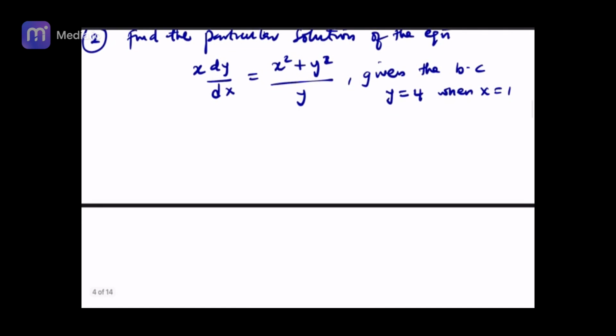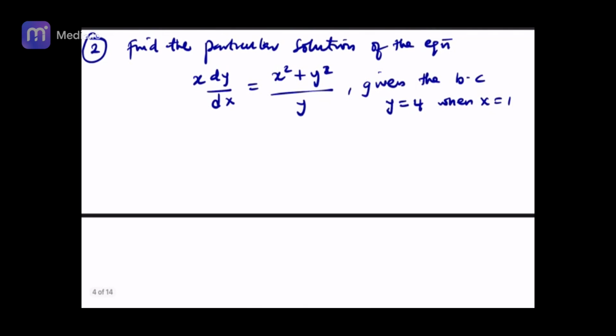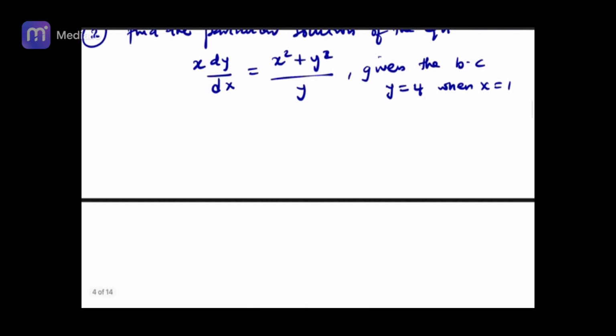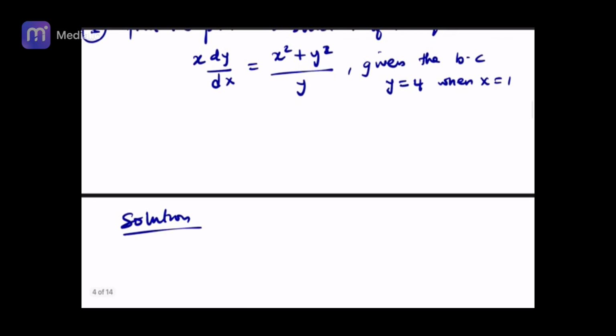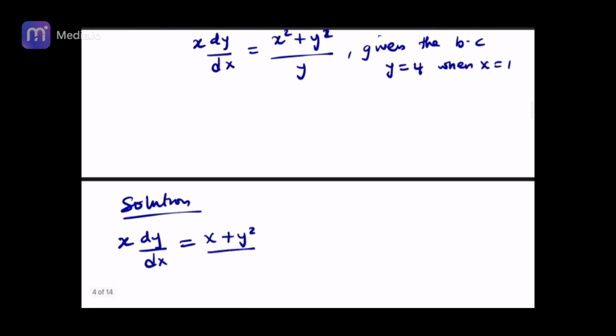Now, to solve this problem, I'm going to solve with blue. To solve this problem, the first thing we have to do is to rearrange. I'm going to write the solution here. So the equation is x dy/dx is equal to (x squared plus y squared) all over y.